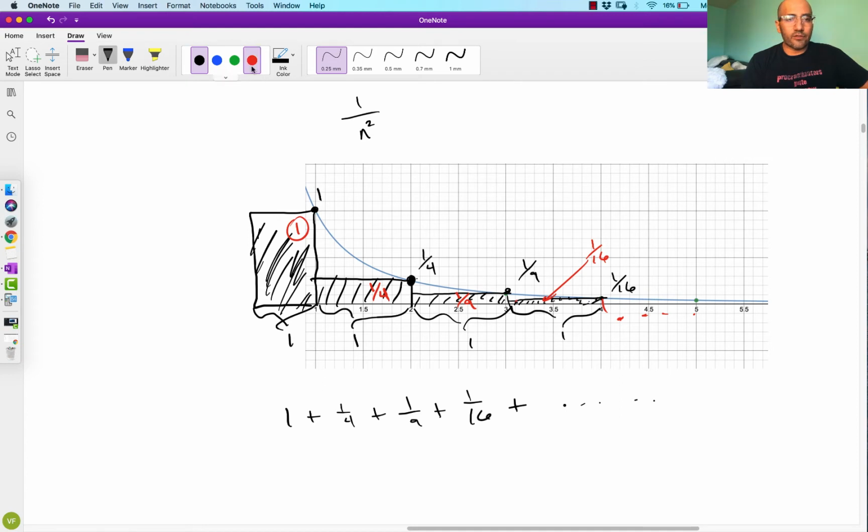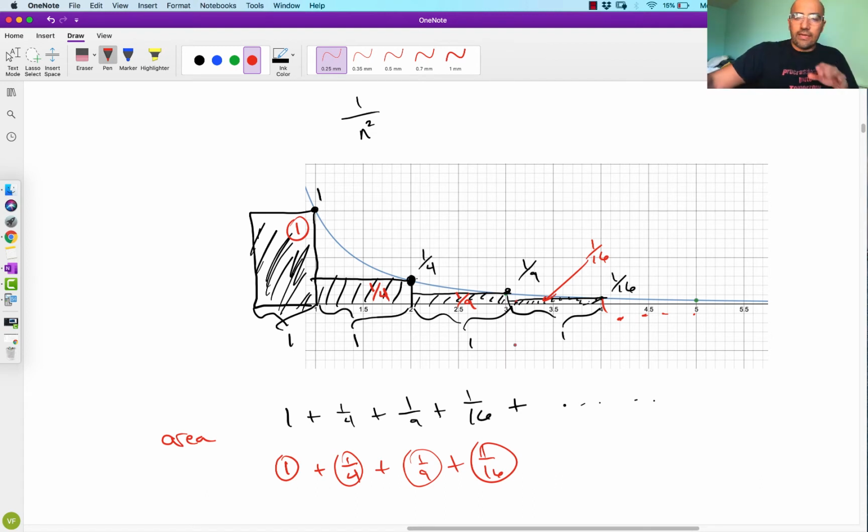Area of this first one, that's going to be 1. Plus the area of this one, that's also 1/4. Plus the area of this one, that's 1/9, and then the area of that one, 1/16. So they look exactly the same. What's the difference? How does this help anything?